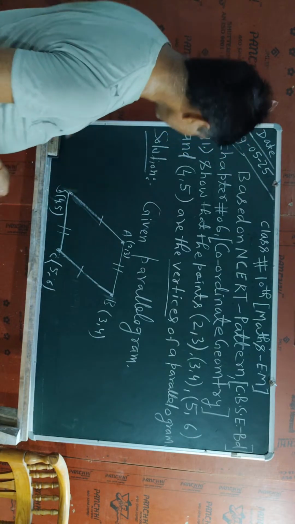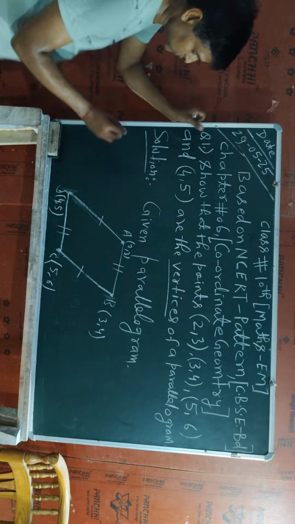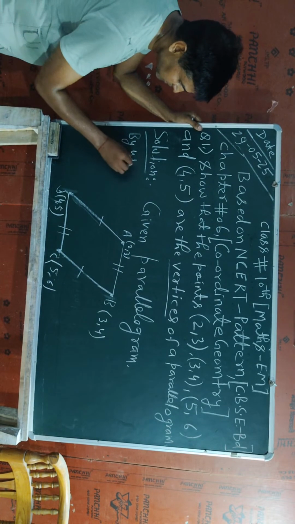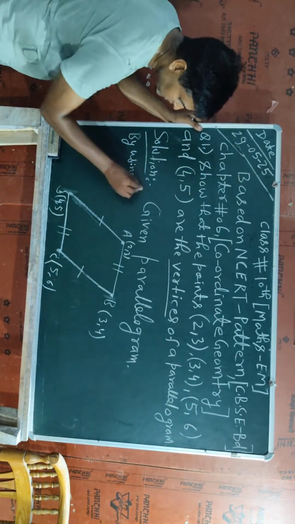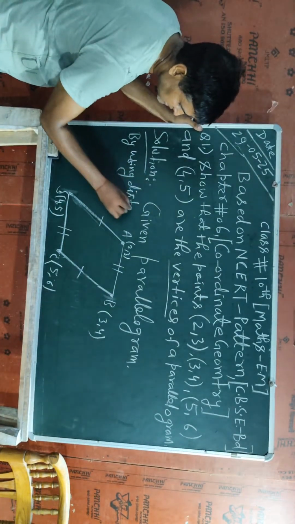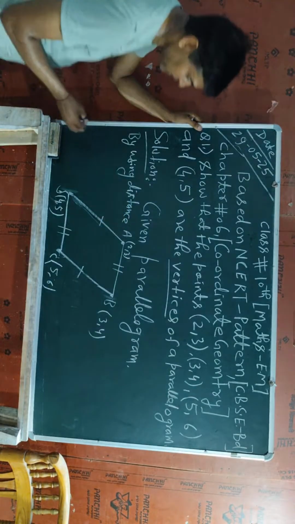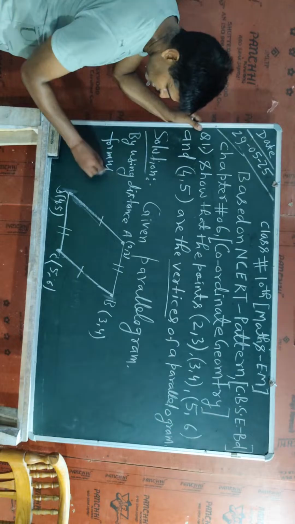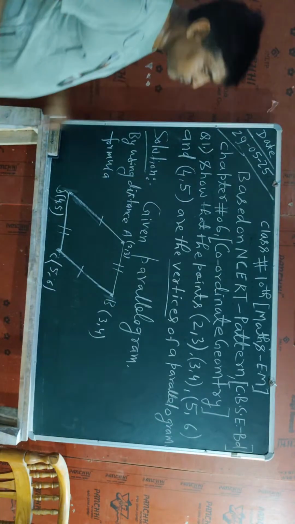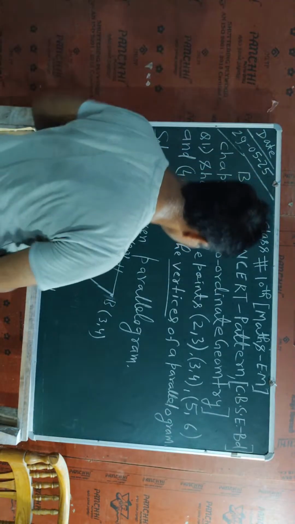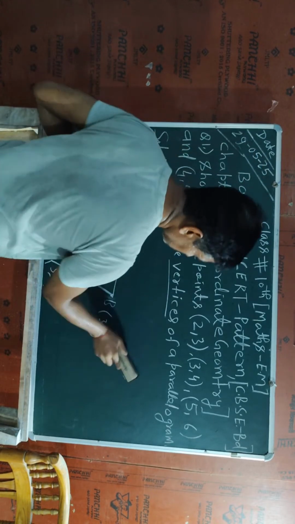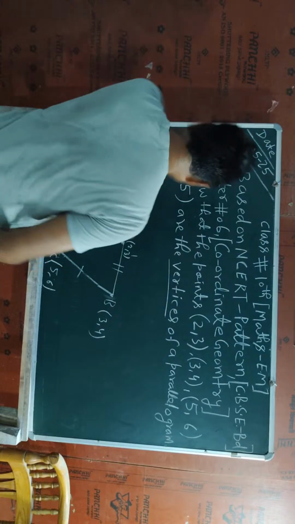Now I am going to proceed further by using the distance formula. So I am considering here points A and B. I will write the above information because after erasing I will find its solution.